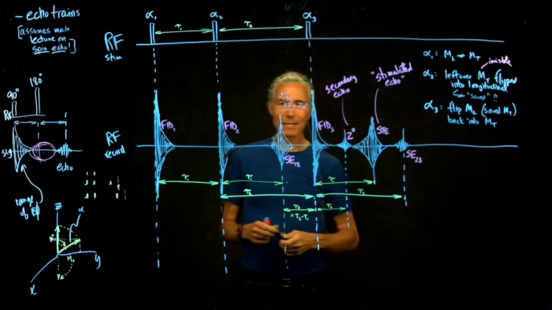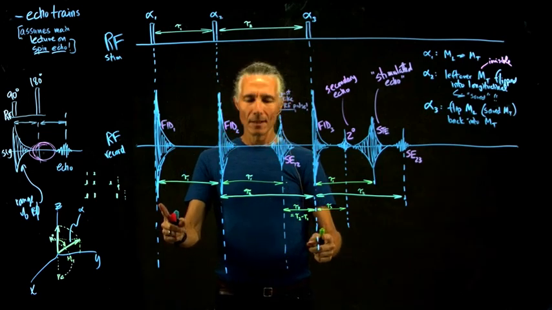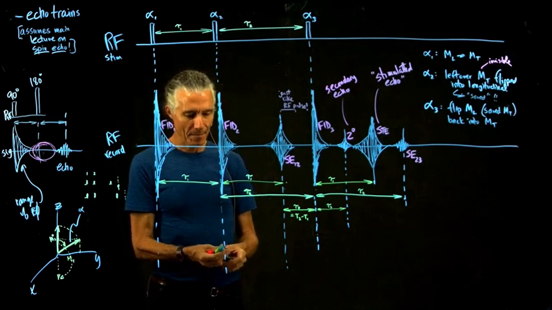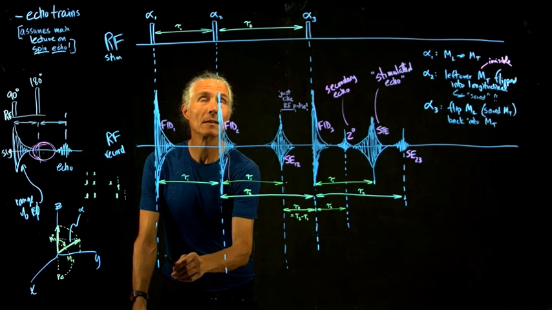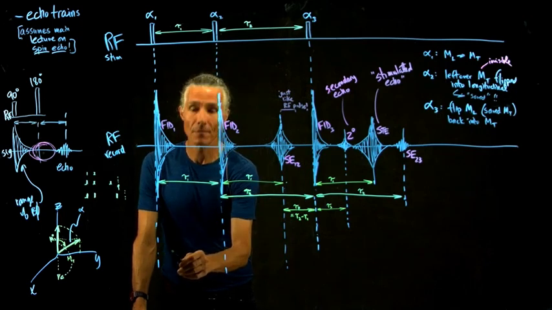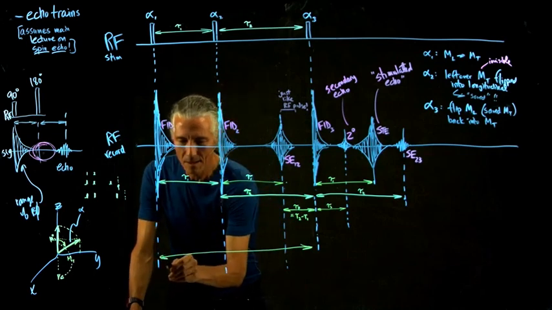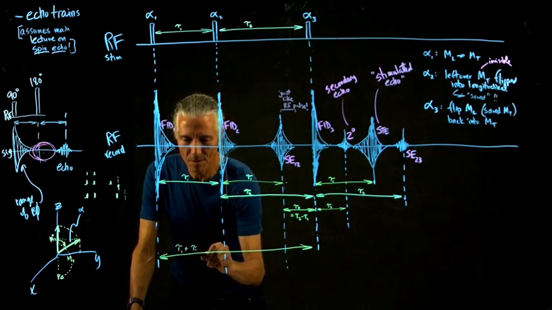And then last but not least, we get a spin echo between 1 and 3. So if we take this time here, that is tau 1 plus tau 2.